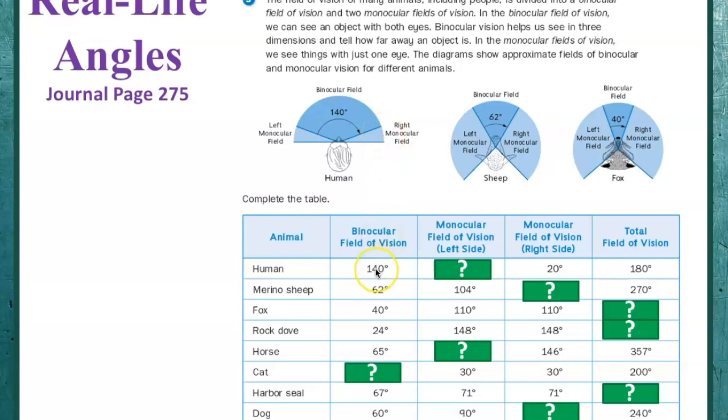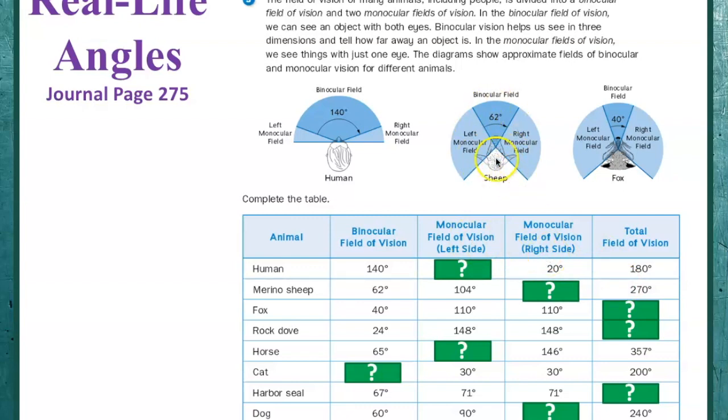So knowing that we can see a total of 180 degrees in front of us, which you can see right here, that means that we can see 20 degrees on our right side and 20 degrees on our left side, because 140 to get to 180 means that we're missing 40 degrees on our left and right, and we have to divide that number in two.